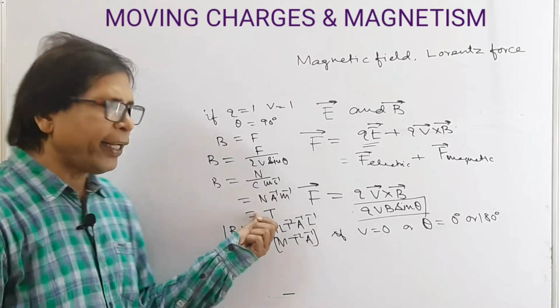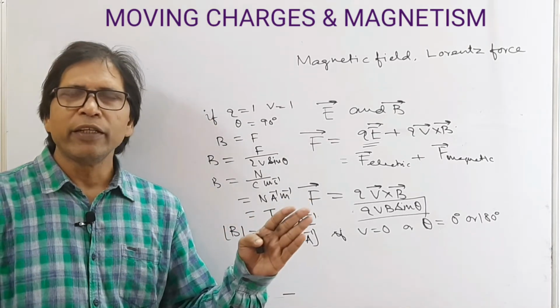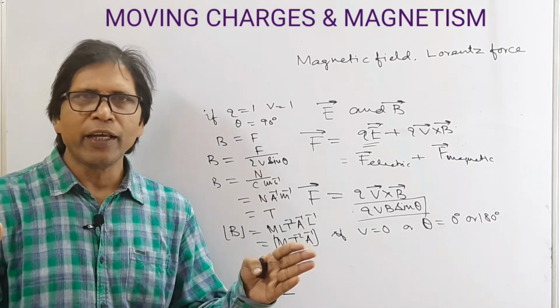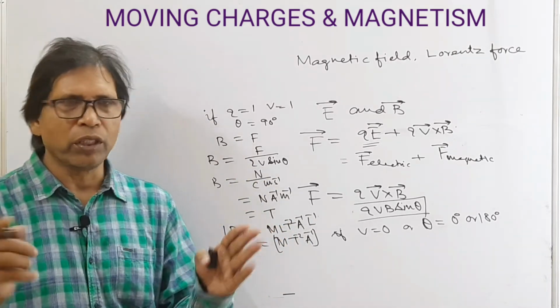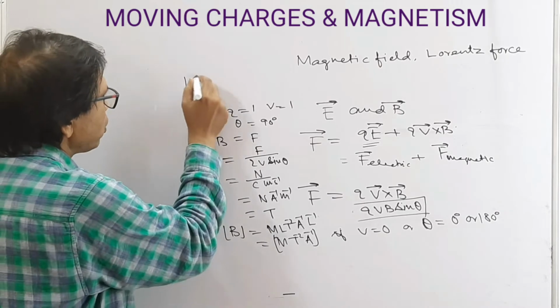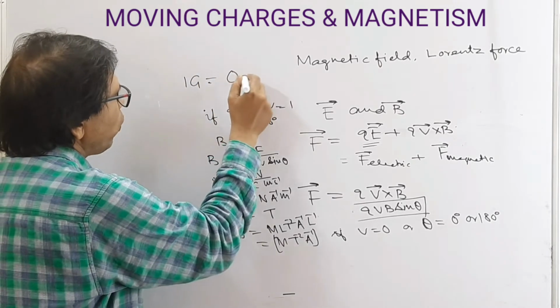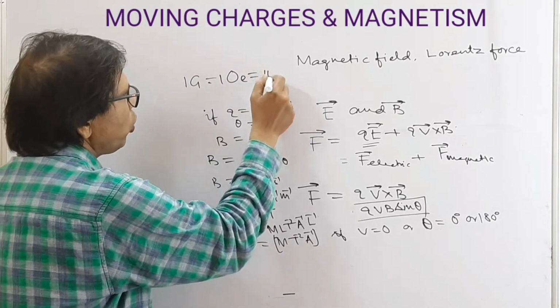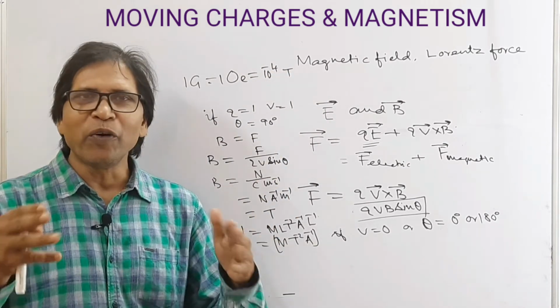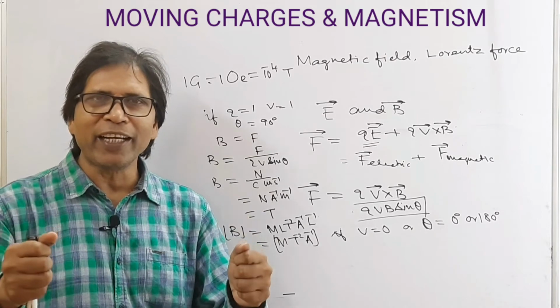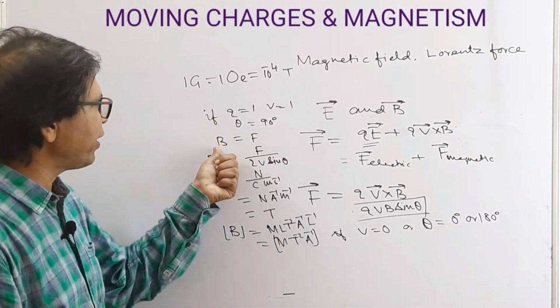Okay, now Tesla is a large unit, therefore smaller units like Gauss or Oersted are used. Now 1 Gauss equal to 1 Oersted equal to 10 to the power minus 4 Tesla. Okay, now unit of magnetic field in SI system is Tesla.